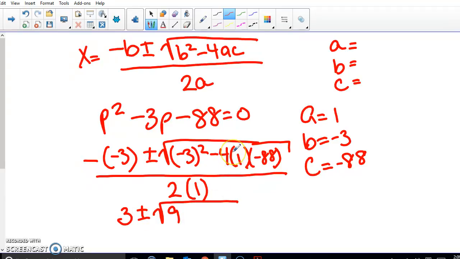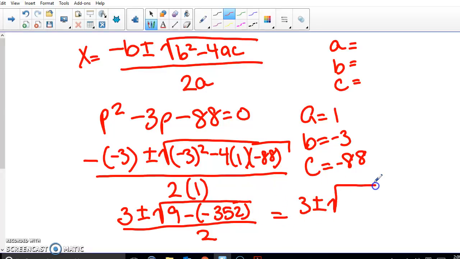We have 9. 4 times negative 88 is negative 352, so minus negative 352, over 2. So 9 minus negative 352 is the square root of 361 over 2. Square root of 361 is 19, so we have 3 plus or minus 19 over 2.